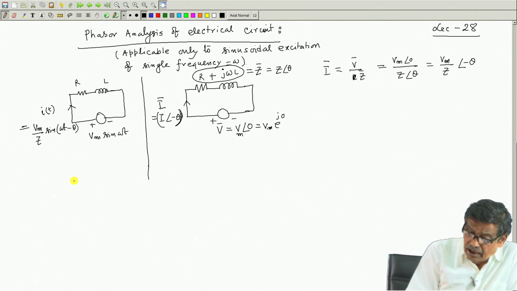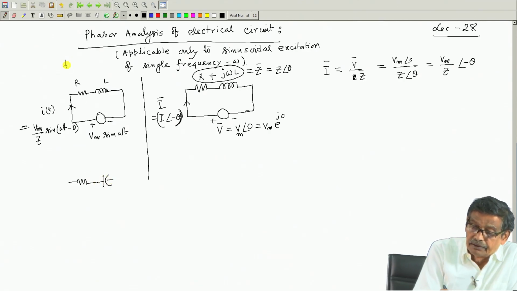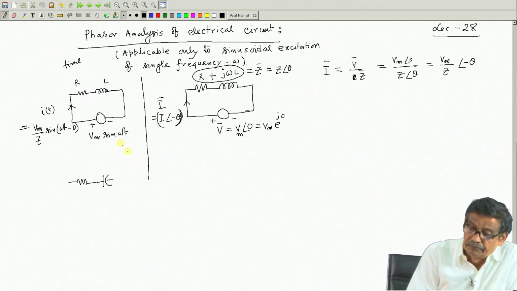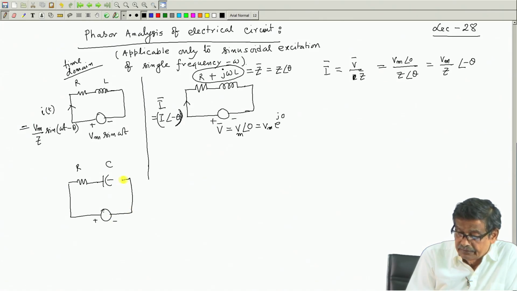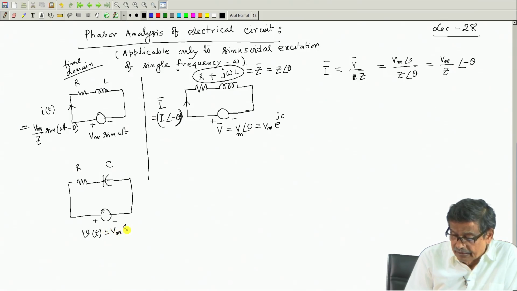Similarly, for RC circuit, for example, R and a capacitance, this is in time domain, in this column time domain, where everything is real. This is R, this is C, and here is some voltage applied, which is of course sinusoidal. V t is equal to V m sin omega t.